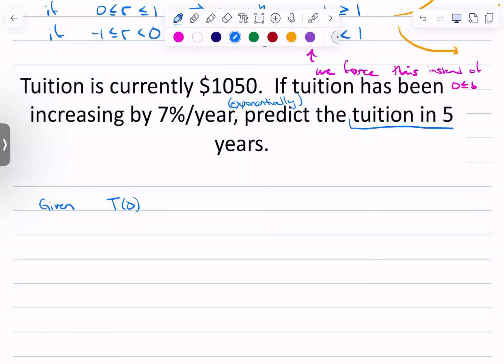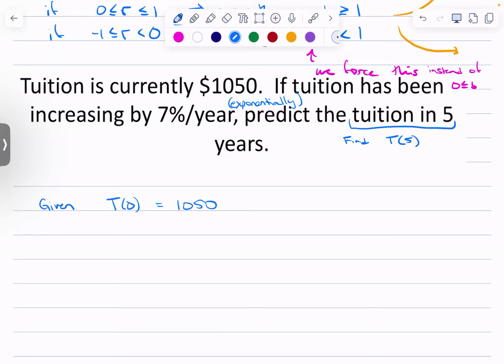And if we want to find the tuition in 5 years, you can use F if you want. I just want to use the T because it's nicer to look at. So the tuition right now is $1,050.